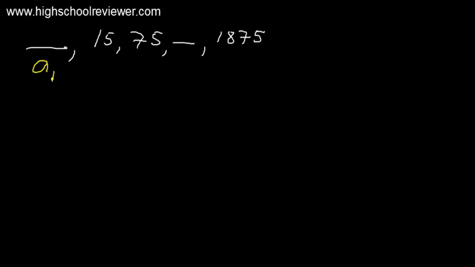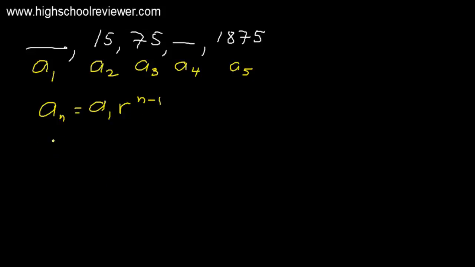So this will be our a sub 1, a sub 2, a sub 3, a sub 4, and a sub 5. Now the formula for solving a missing term in a geometric sequence, this is a sub n equals a sub 1 multiplied by r raised to n minus 1.